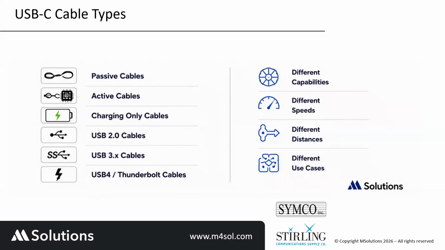Active cables include signal conditioning electronics, meaning they have what we call e-markers inside the cable. The cable gets power from one of the sides that it's connected to, and using this power, it is driving either through copper or through fiber. It's driving the USB and extending the range of it.